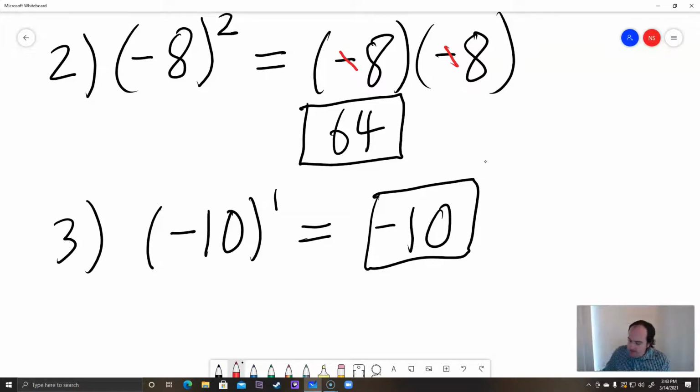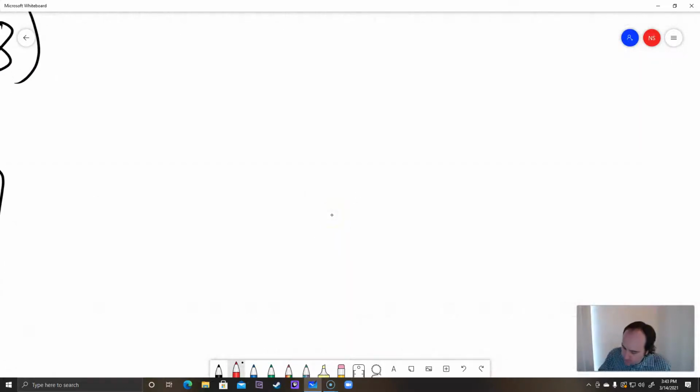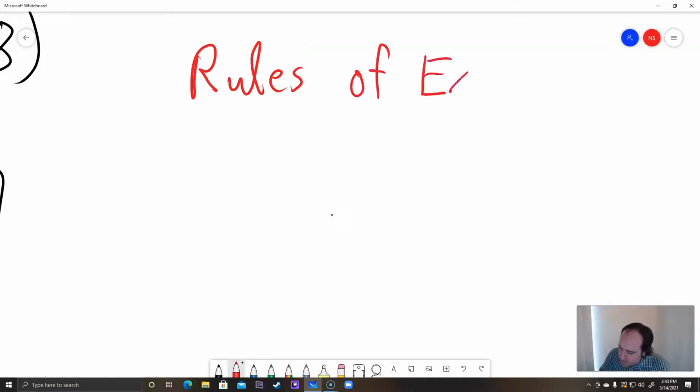Which is basically just saying that if you have an exponent x, let me write the rules of exponents over here. Rules of exponents. I'm just going to write them down as we use them in examples, because there are too many of them to write all at once.